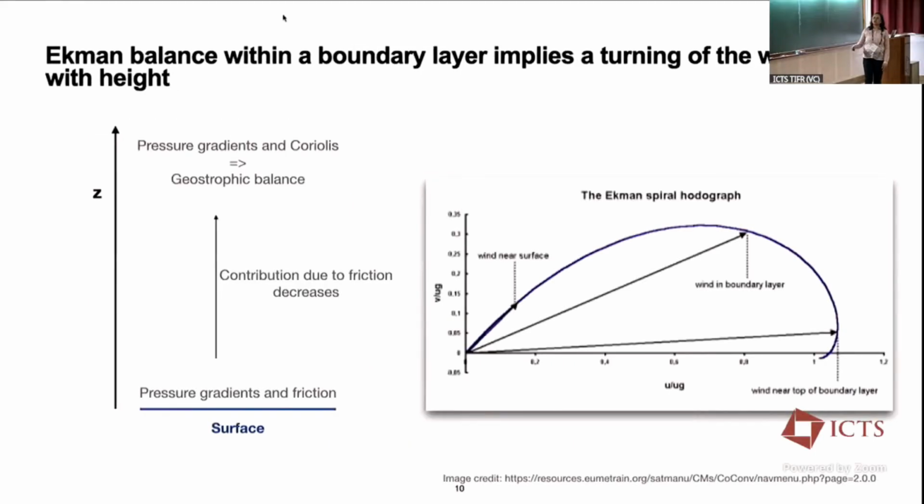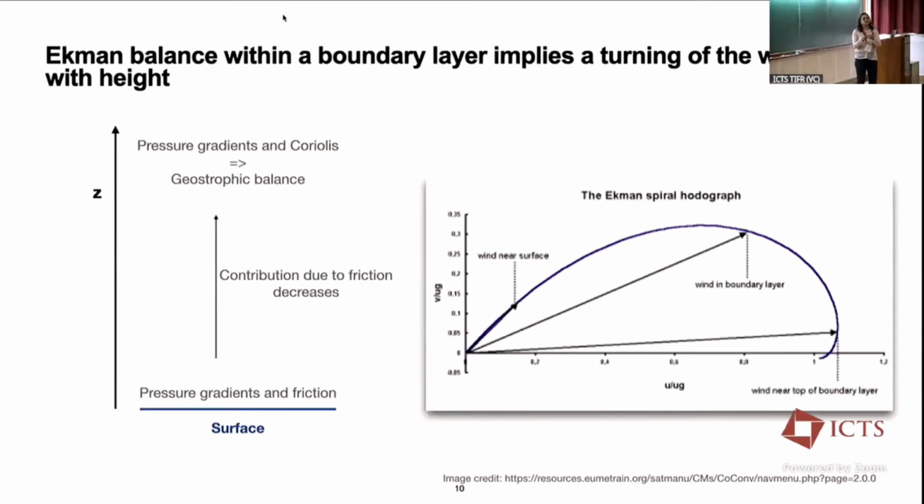So let's look from the surface going to the top. And for the sake of simplicity, let's say that the surface winds are very weak compared to what's happening aloft. Then if you think of the three balance terms, you have Coriolis, pressure gradients, and friction.